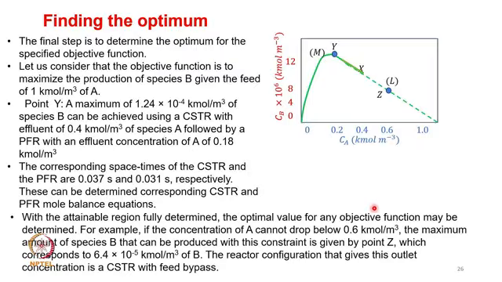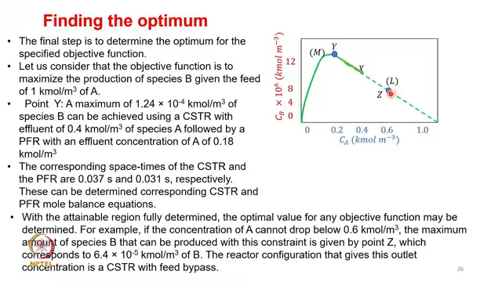So, for instance, let us say you have further constraints. This is one attainable region, and if you have a constraint that the concentration of A cannot drop below 0.6, which essentially means that you have to operate here or beyond. So, you cannot operate over here. This corresponds to this point Z. So, C is corresponding to, let us say, 0.6 kilomole per meter cube, and you will have the corresponding CB over here.